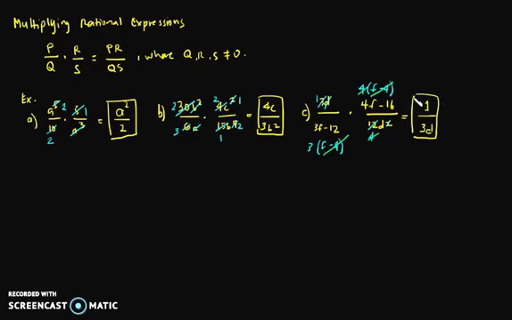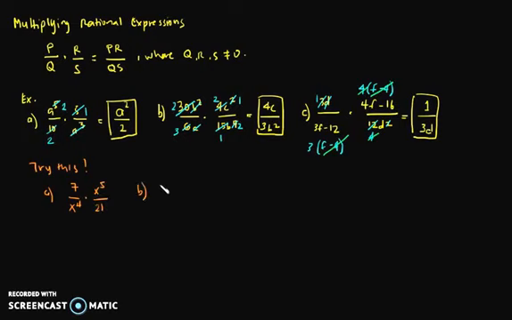So that's how we multiply rational expressions. Now, third part: you try this one. Letter A, 7 over x to the 4th times x to the 5th over 21.